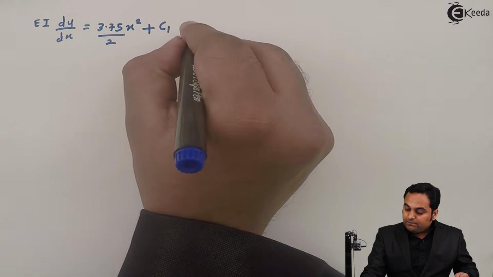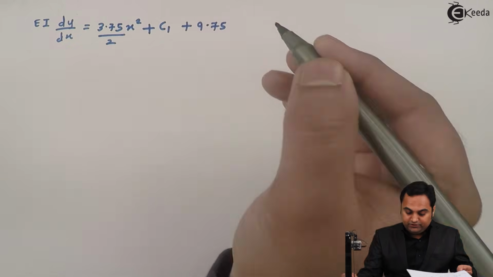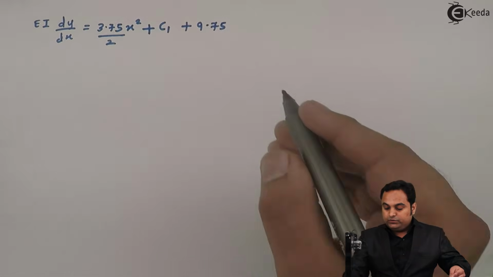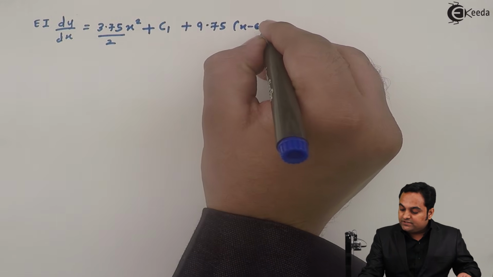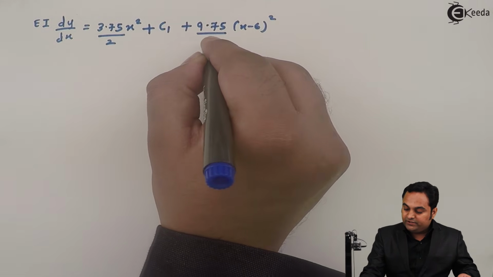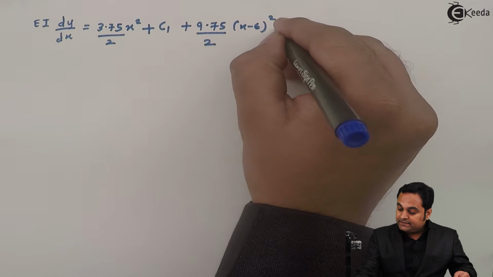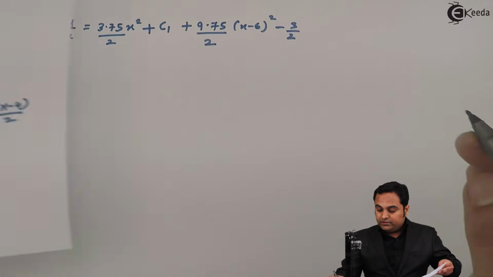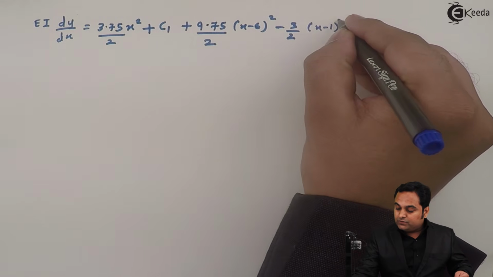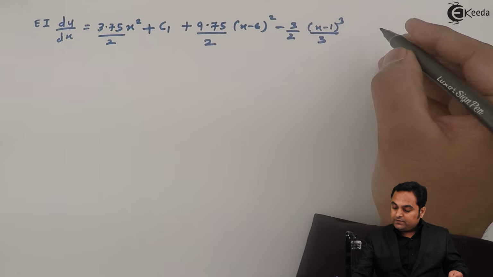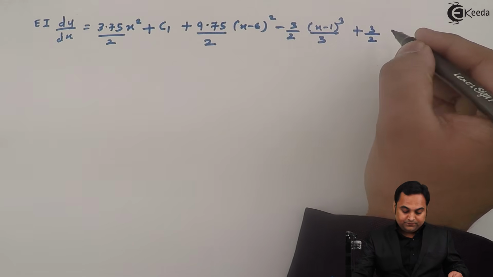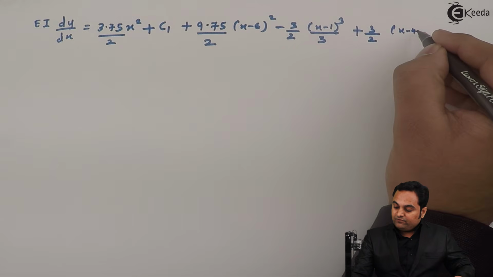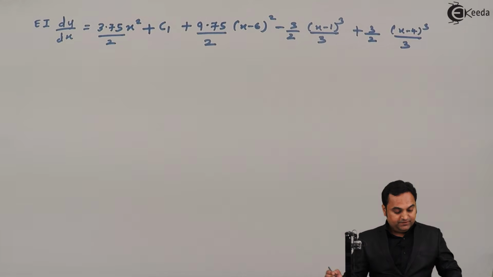Next, plus 9.75 into x minus 6, so integration will be x minus 6 whole square divided by 2, then minus 3 by 2, here we have x minus 1 whole square, so that becomes x minus 1 whole cube divided by 3, plus 3 by 2 x minus 4 whole square, x minus 4 whole cube divided by 3.